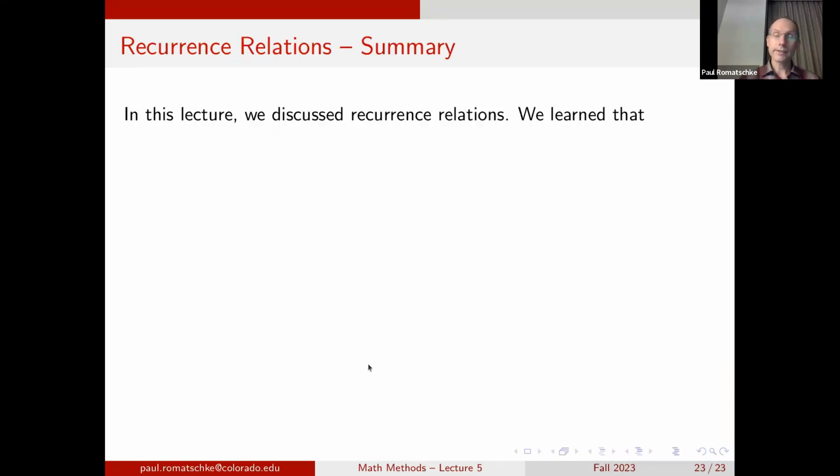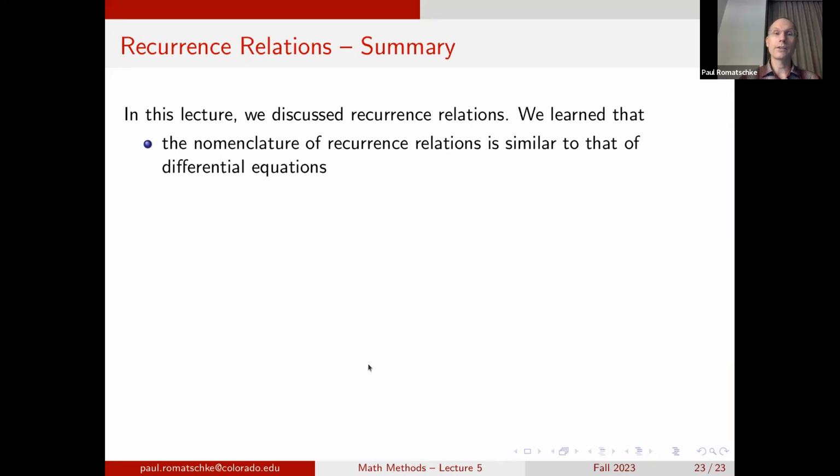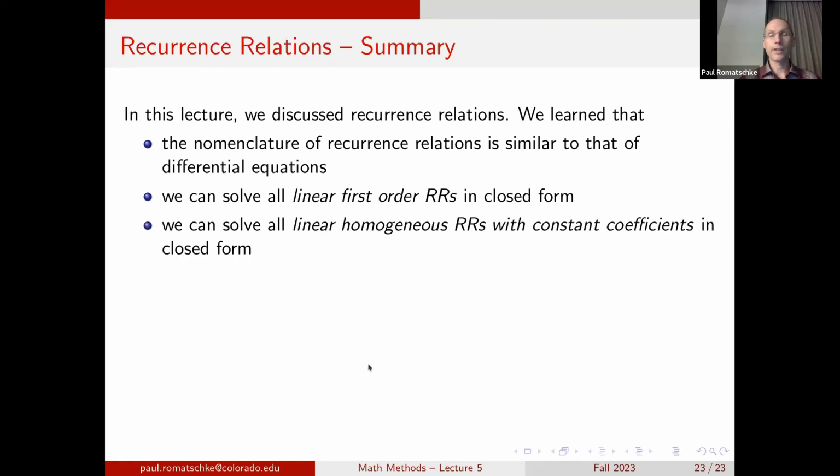With this, I'm at the end of my lecture today. I discussed recurrence relations, and we learned that the nomenclature of recurrence relations is similar to that of differential equations. We learned that we can solve all linear first-order recurrence relations in closed form. We can solve some higher-order recurrence relations, namely those that are linear and homogeneous with constant coefficients, in closed form.